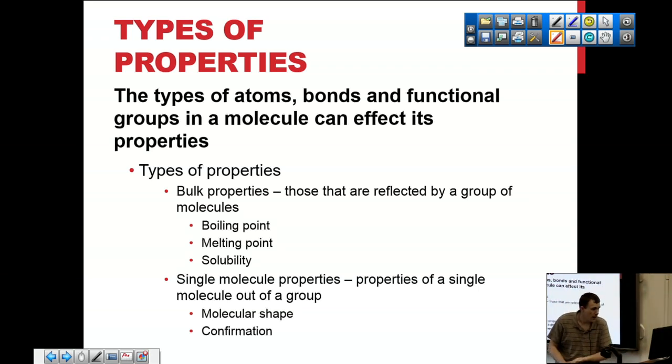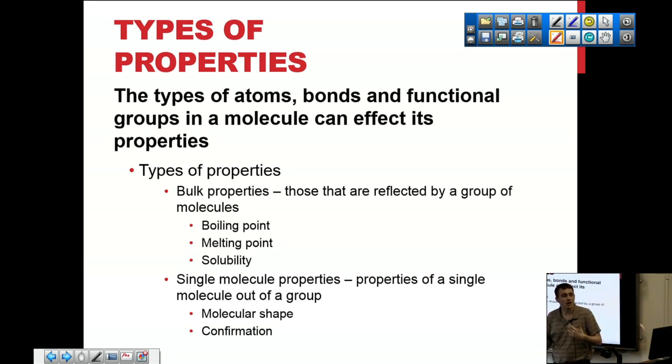So these are properties that are specific to one particular molecule in the group. And that is molecular shape, we'll talk a little bit about, and then conformation. So we're going to cover the bulk properties and molecular shape. Actually, molecular shape a little bit first. And then we're going to leave conformation and a lot of the other single molecule properties for class.